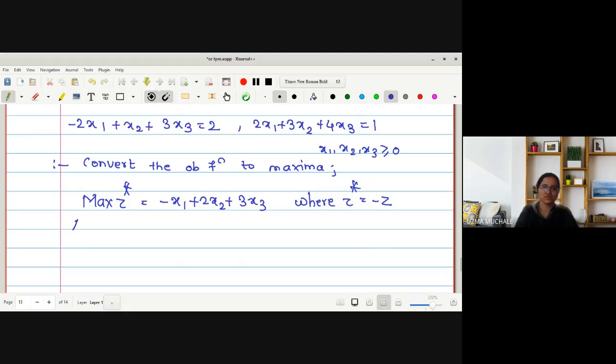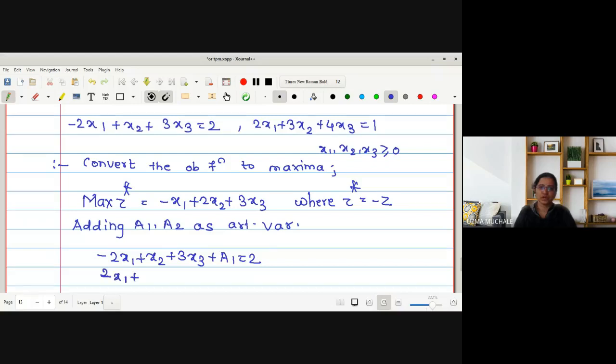Therefore, we have to add the artificial variables, say a1, a2. The statement will be minus 2x1 plus x2 plus 3x3 plus a1 equal to 2, and 2x1 plus 3x2 plus 4x3 plus a2 is equal to 1, as my second step.